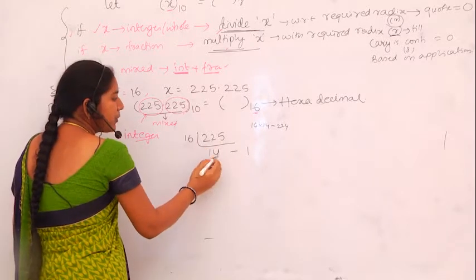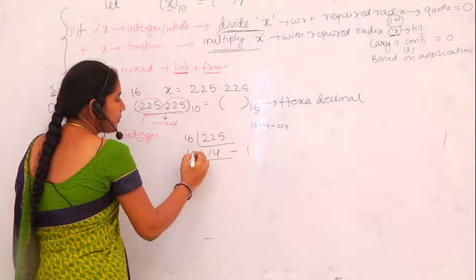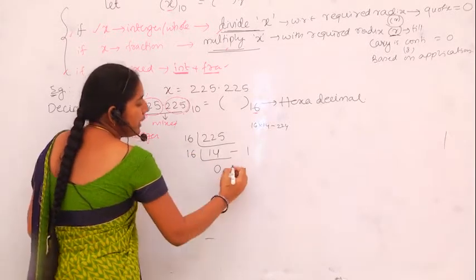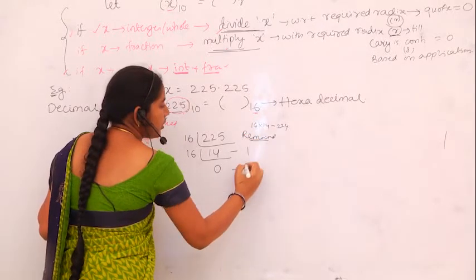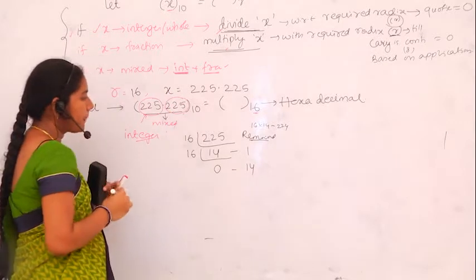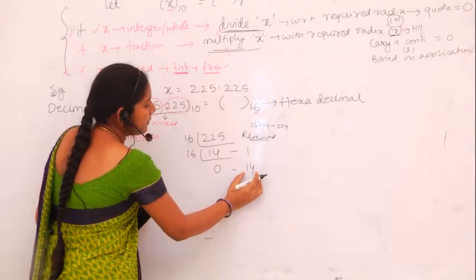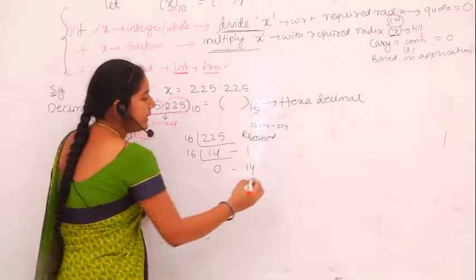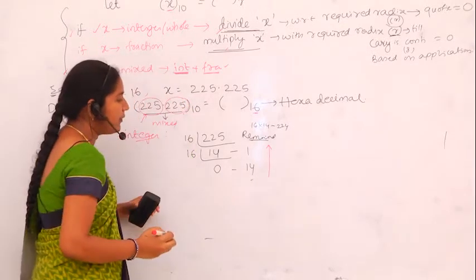Again divide this 14 with this 16. Then 16 zeros are 0 and you will get the remainder 14. Okay. Then this remainder part is nothing but the equivalent of the hexadecimal number, and consider this value in the upward direction.